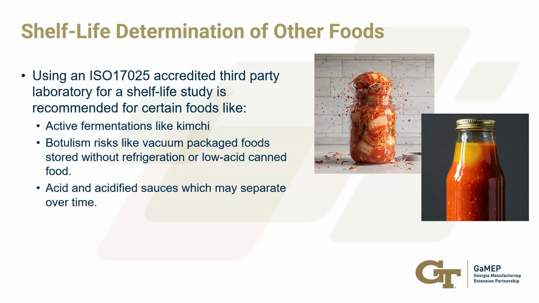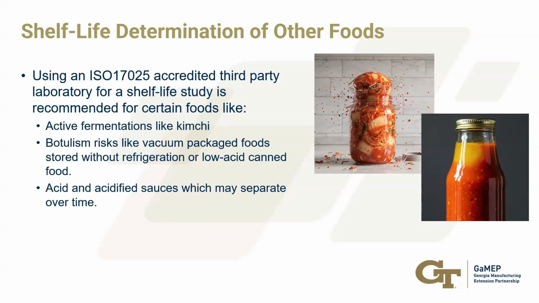Acid and acidified sauces are also a high risk that some folks don't think about. And not all high acid and acidified sauces are created the same way. But there are some types of acid and acidified sauces that might separate out over time.